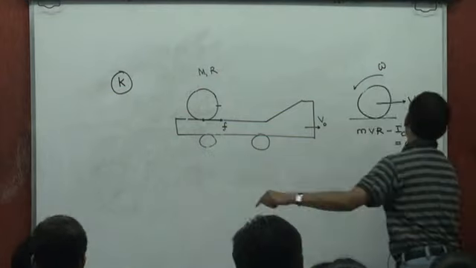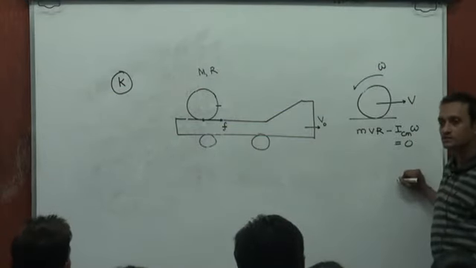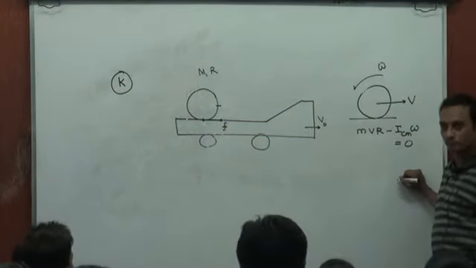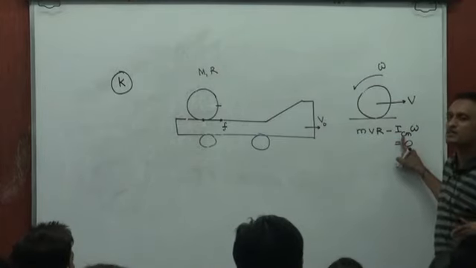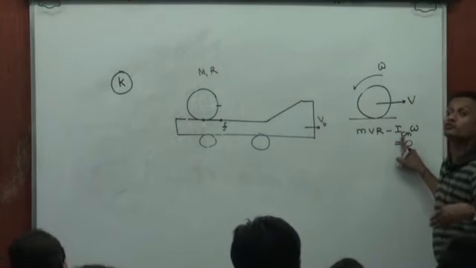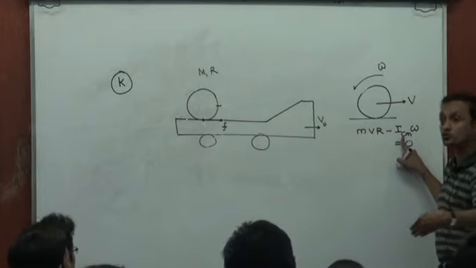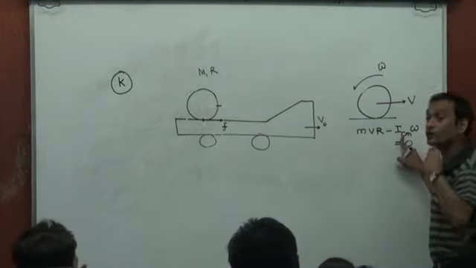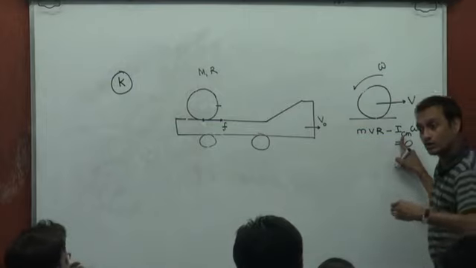Where I_CM is, for a sphere, 2/5 mr square. I_CM is 2/5 mr square for a solid sphere, 2/3 mr square for a solid.